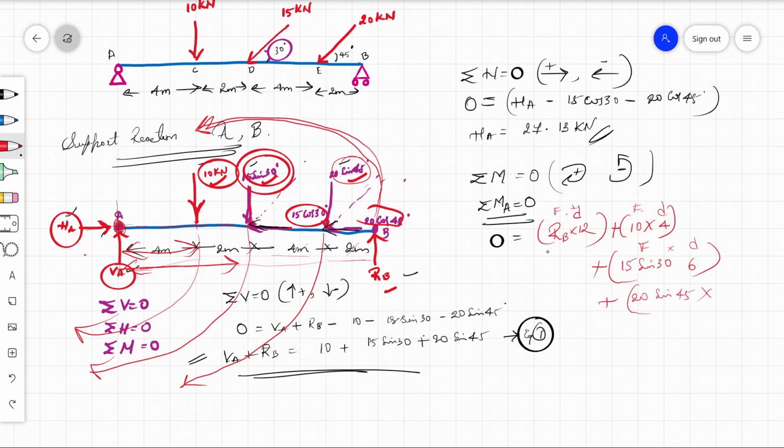And what is the perpendicular distance? This is the perpendicular distance, that is 10. And that's it. If you see in this equation, the only unknown is RB.